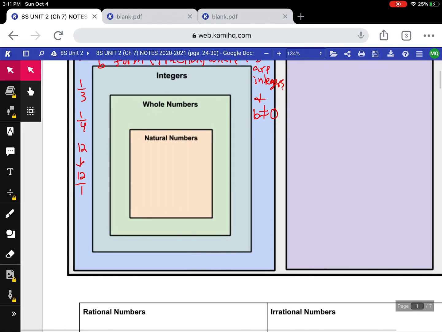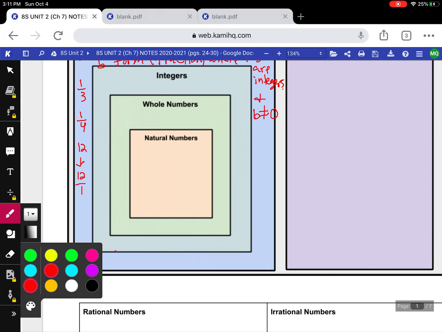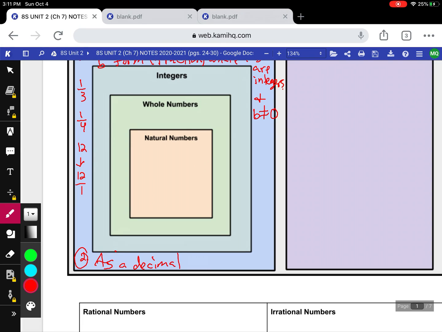There's one more definition of a rational number, and we're going to stay in the blue because we're talking about rational numbers. In that other definition, definition 2, it is written as a decimal.